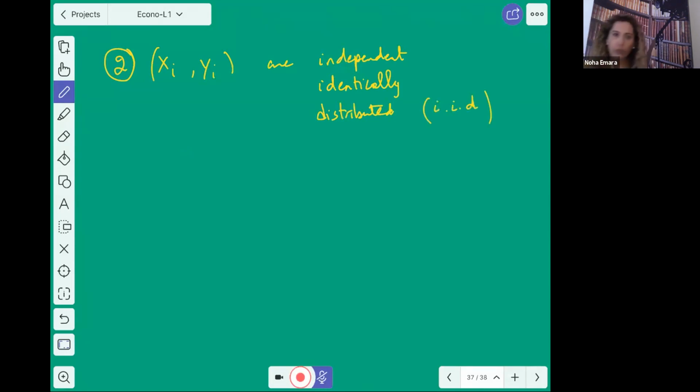So the set of x's I have and the set of y's I have are independently, identically distributed. So what does that mean?